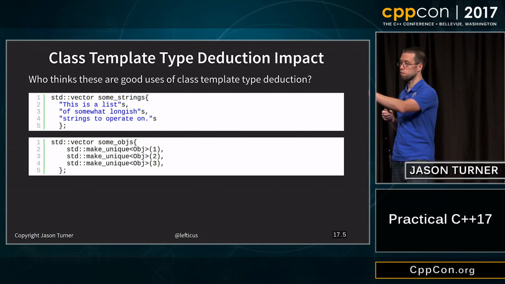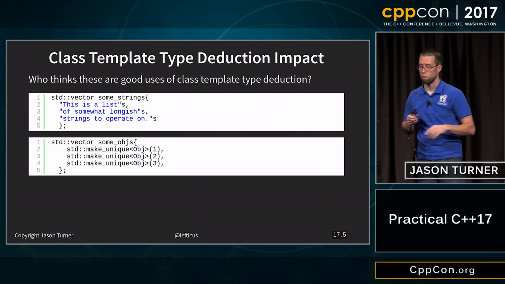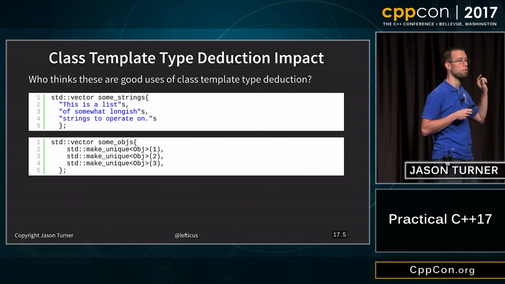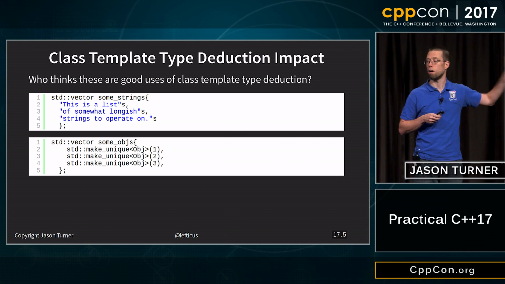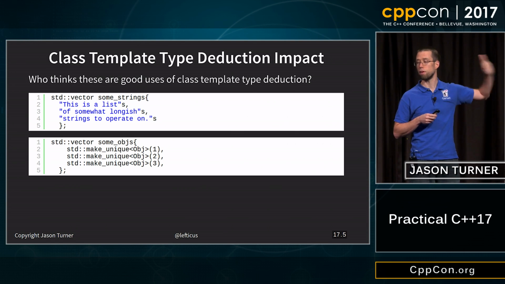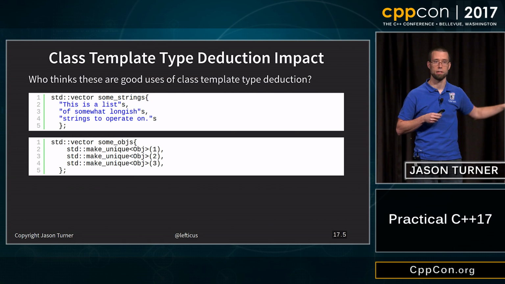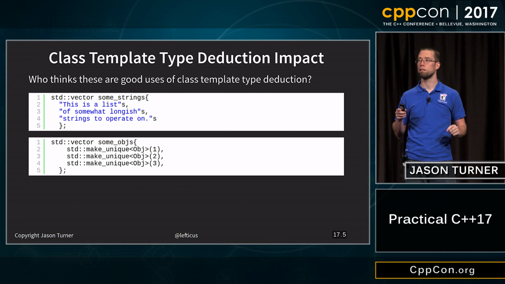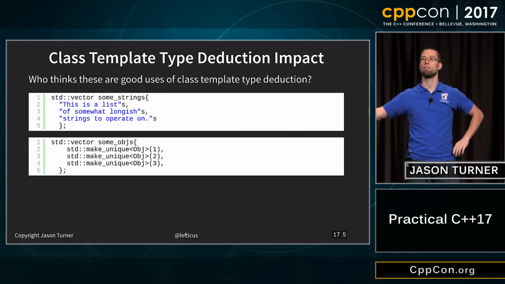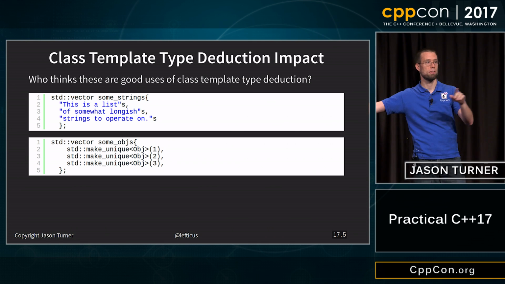Looking at this example, and this is leading to what you were saying about using initializer list, who thinks that these are good uses of class template type deduction? So I don't have to specify that this is a vector of unique pointers or a vector of strings. Raise your hand if you think this is a good idea. Wow. Almost no one. A handful?